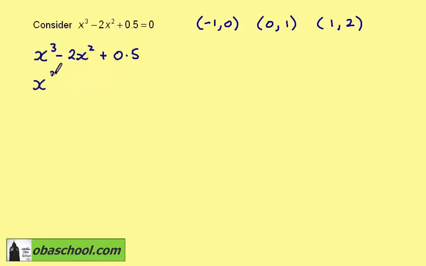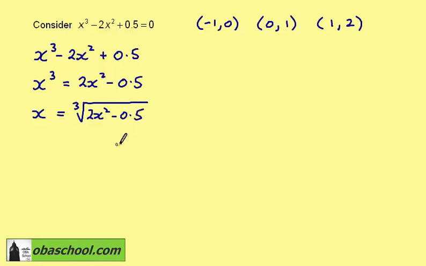We can start by keeping the x cubed on one side and moving everything else to the other. We could then get x on its own by cube rooting both sides, and this would produce for us the iteration formula xn plus 1 is equal to the cube root of 2xn squared take away 0.5.